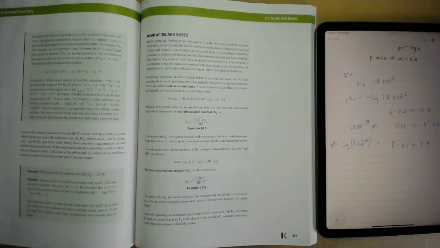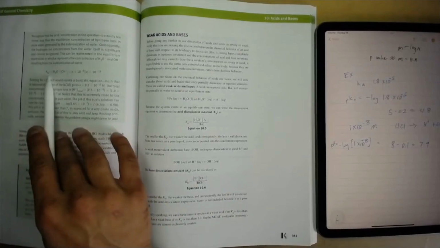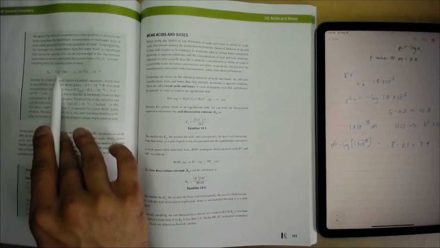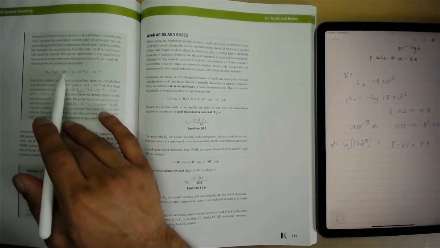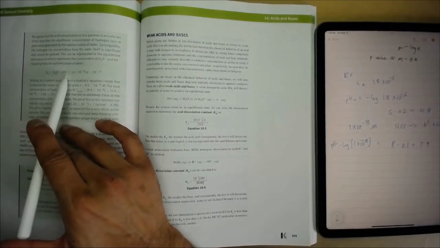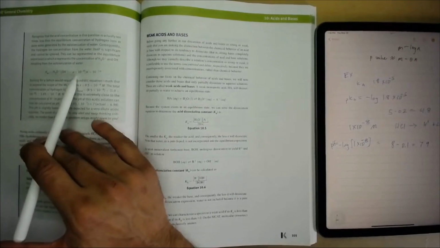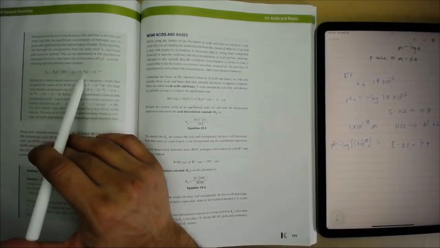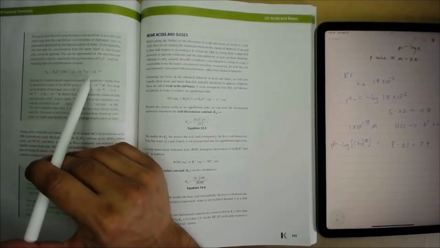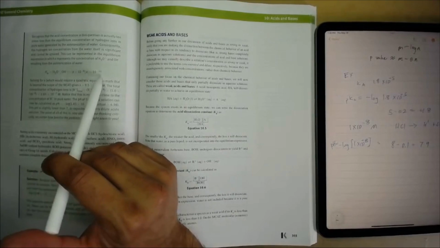Solving for X, here we have Kw, the autoionization of water: [H3O+] times [OH-] equals (X plus 10 to the minus 8) times X, which equals 10 to the minus 14.